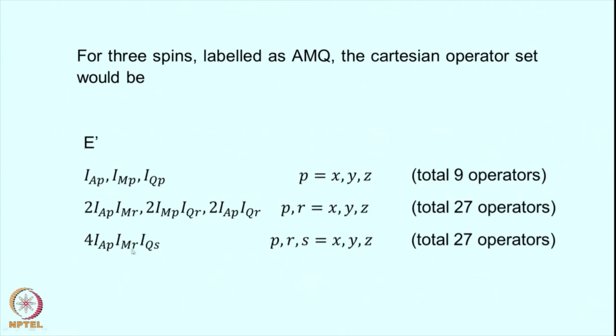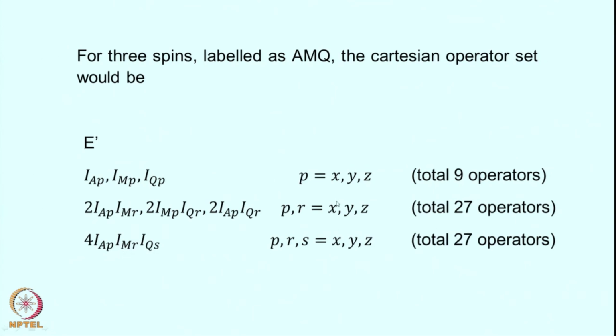And then you will have the 3 spin products, because all the 3 spins combinations can be present. Here again you will have a normalization factor 4. Now I have the products of all the 3 spin operators corresponding to each of the 3 spins, A, M, Q, and then I will have indices P, R, S. All the 3 PRS can go from X, Y, Z. So this is 3 to the power 3, and I will have again 27 operators here.